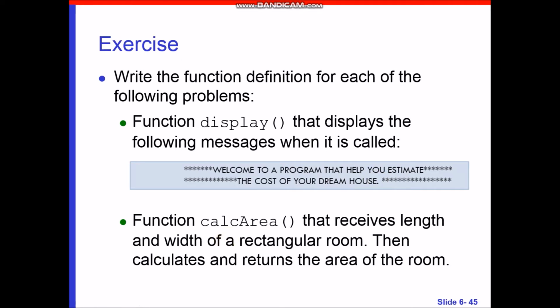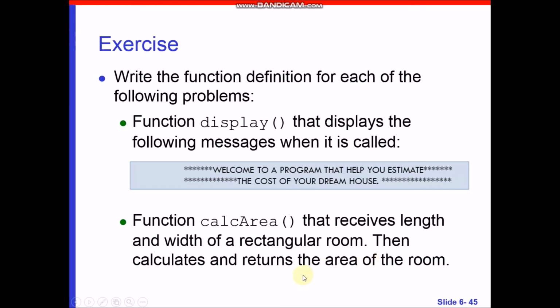Then you also need to add another function, which is cal area, which will receive the length and width of a rectangular room, then calculate and return the area of the room.